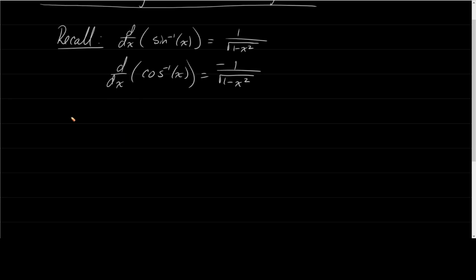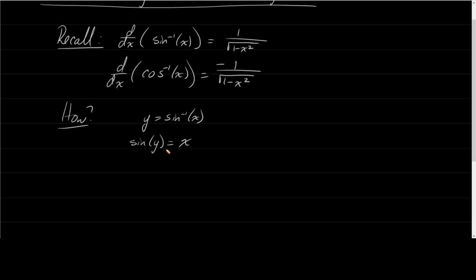So how? Well, consider this. Let's say that I have y equals sine inverse of x, and I'm looking for the derivative, so I'm looking for dy dx. If I take sine of both sides, I end up with sine of y is equal to x.